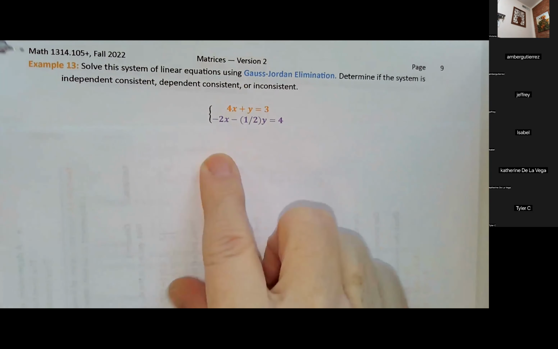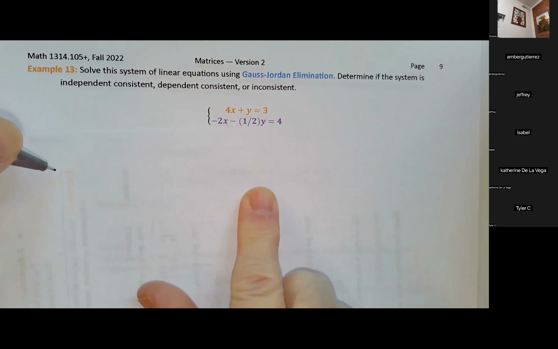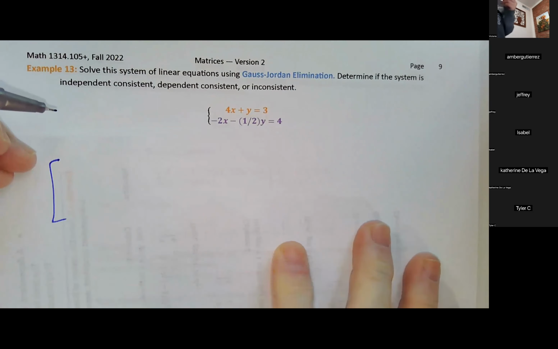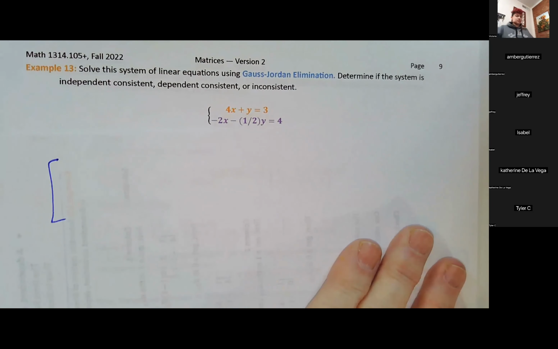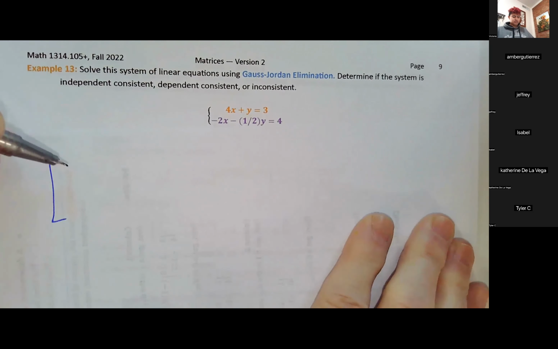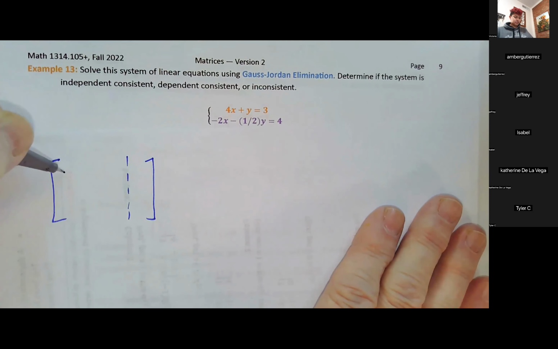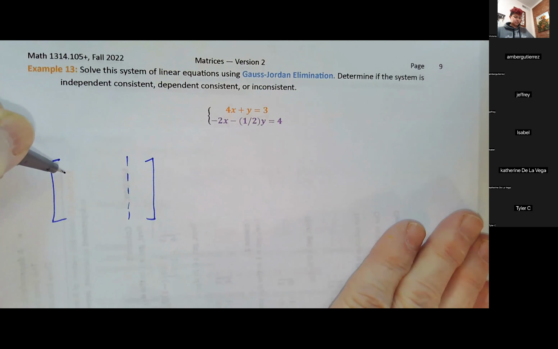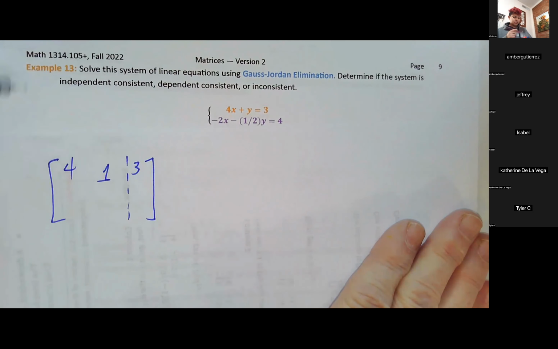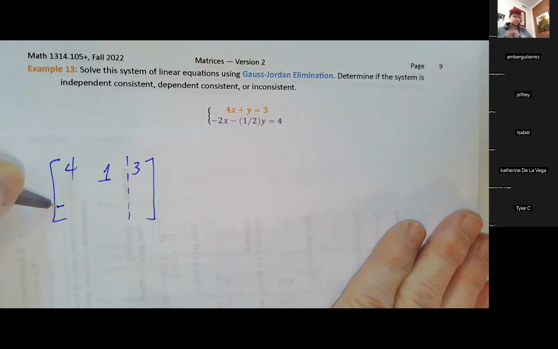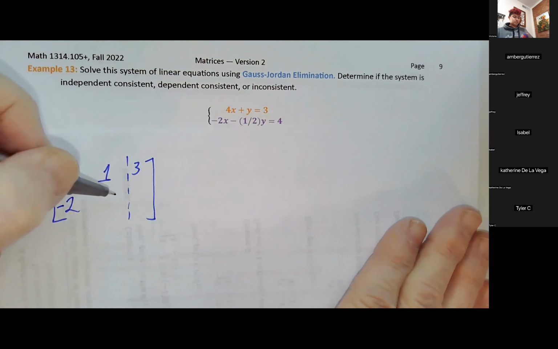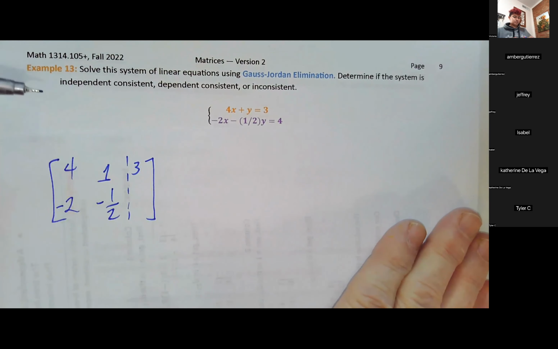All right, well, let's do example 13. What is the matrix that we're going to operate on this time? 4, 1, 3. Excellent. -2, 1, 1/2, 4.